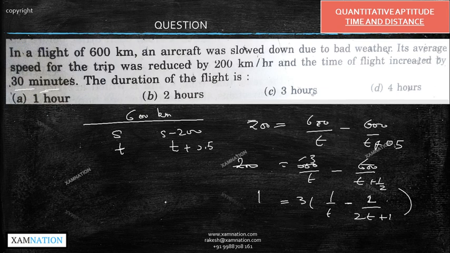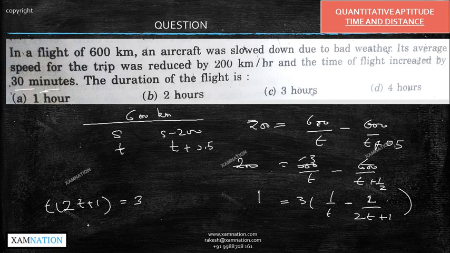So now I have the equation t into (2t plus 1), and I have 1 equal to 3.